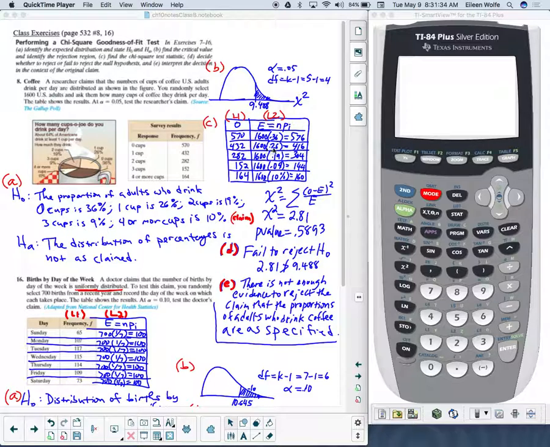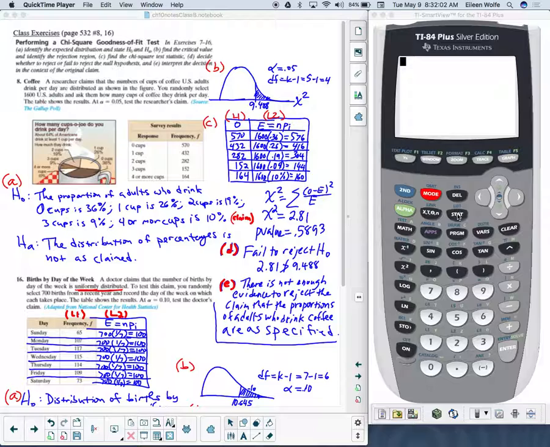Then we have 1,600 times 0.26, 1,600 times 0.19, etc. So now what Chi-Square is going to do is figure out how large the differences between these expected counts and these observed counts are, and if it's large enough, we can reject H0. This statistic has the form summation of (O minus E) squared over E, and we're going to show you how to do that in the calculator right now.